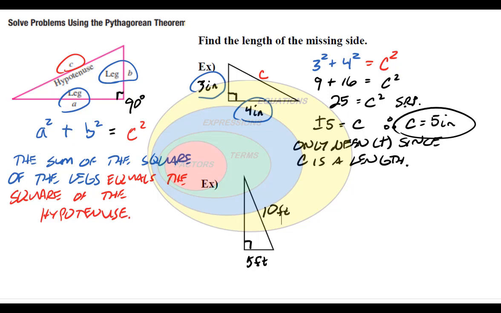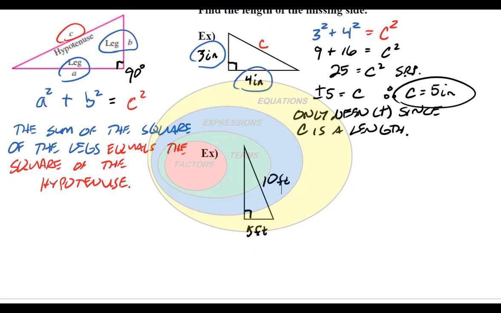In this problem, we notice that one of the legs is missing, so I'll call this side B. The Pythagorean theorem says that if one of the legs is 5 and we add it to b squared, that should equal the hypotenuse squared, 10 squared.